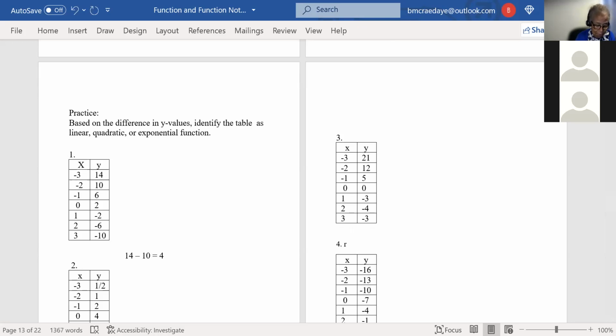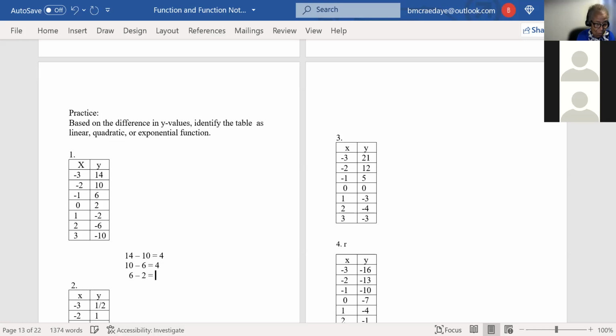Now 10 minus 6 is what? 4. 10 minus 6 equals 4. Okay, what's 6 minus 2? 4. All right. So far, they are all coming out the same, right?